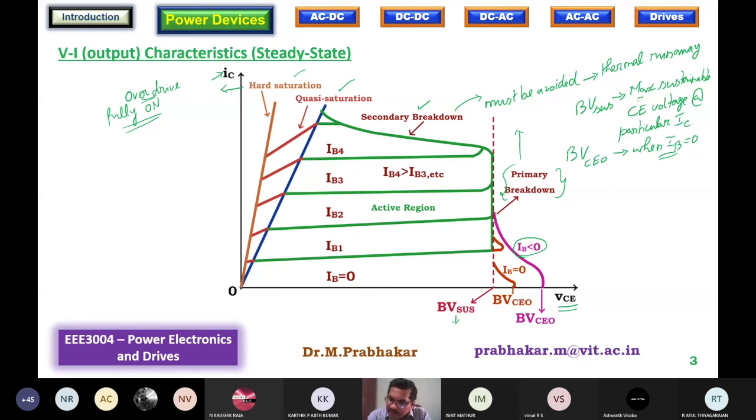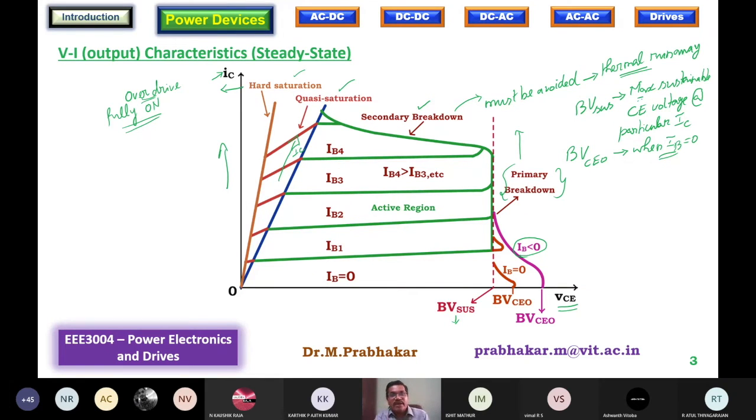Secondary breakdown, primary breakdown, I have mentioned, due to thermal runaway, one must avoid. Quasi saturation is a case when the collector emitter junction is beginning to get forward biased because of large collector current. You can understand that. When a large amount of collector current keeps flowing, the load voltage keeps increasing.